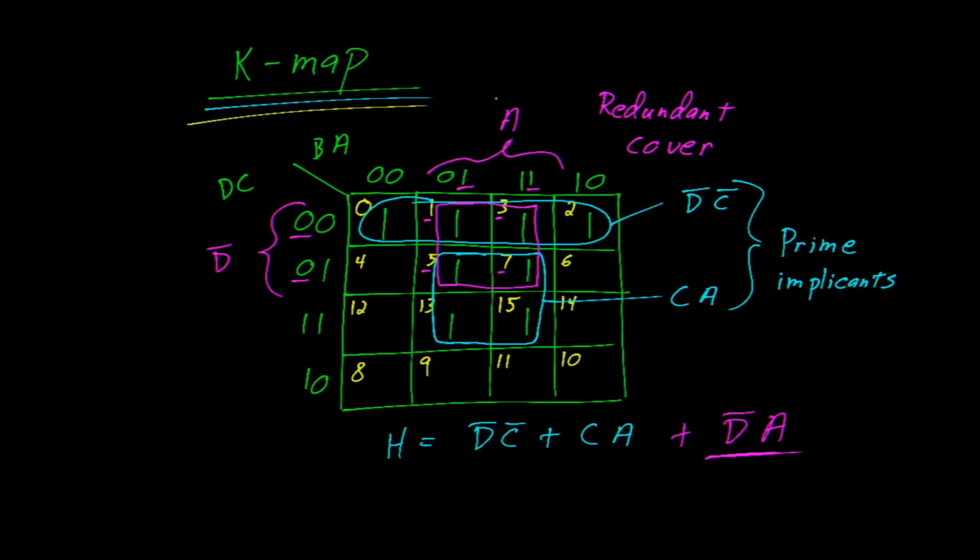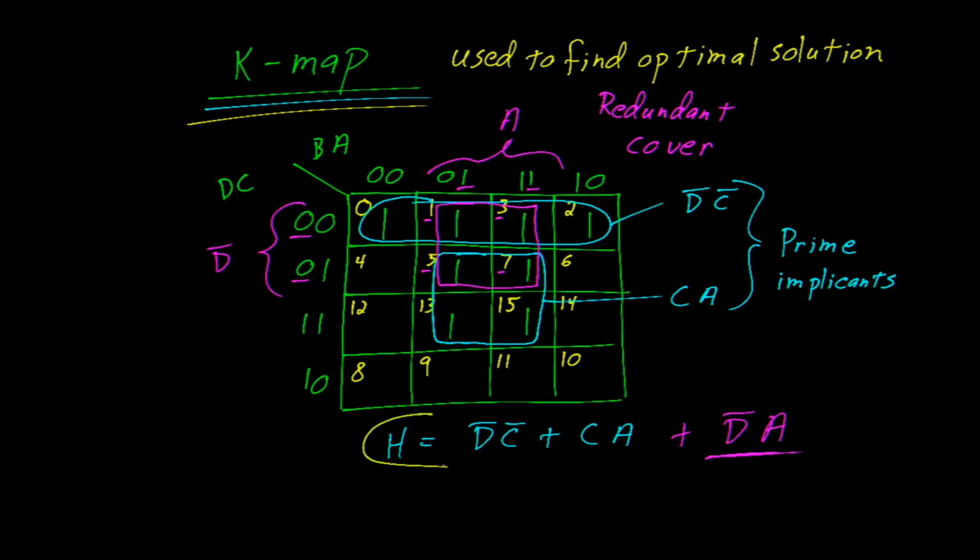Anywho, this Kmap can be used to find an optimal solution. I think you see how that works. We make this Kmap, we populate it with the various minterms, then we make a couple of circles, and we can make a statement that says this is the optimal circuit.